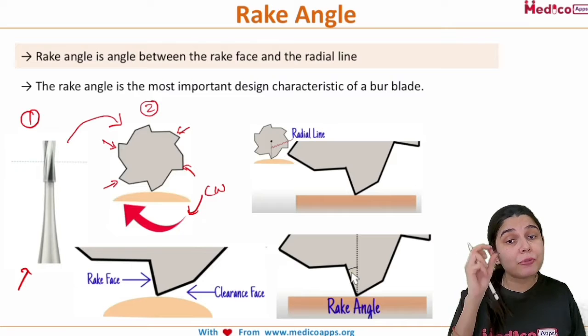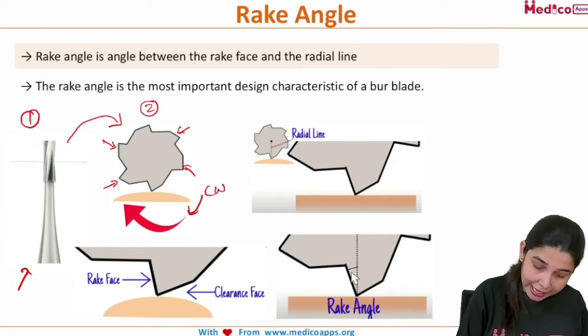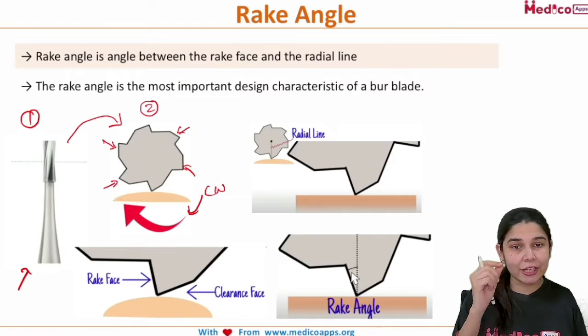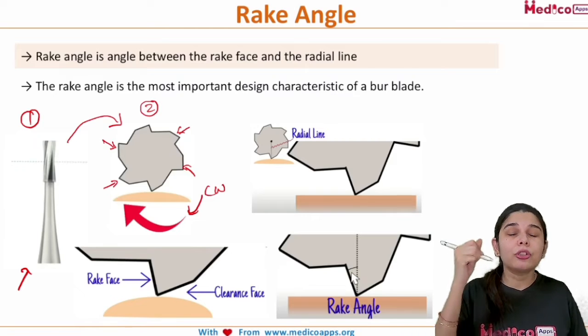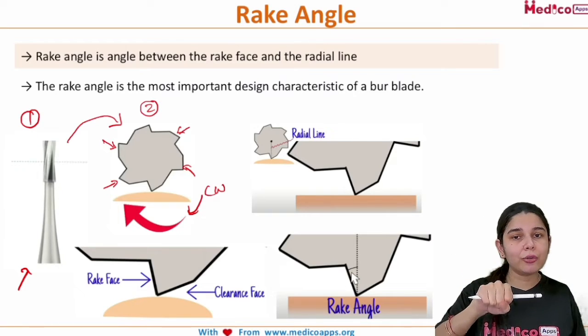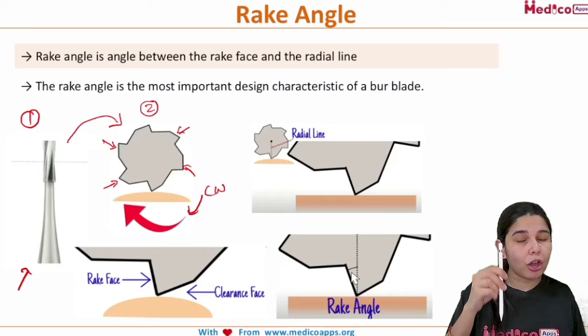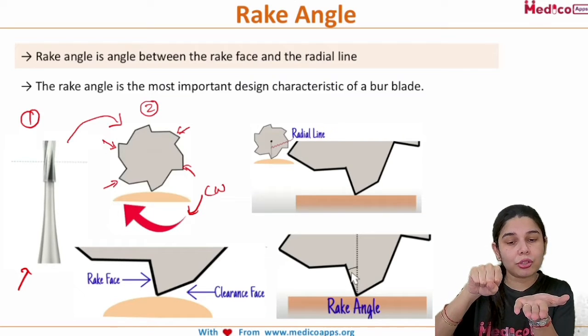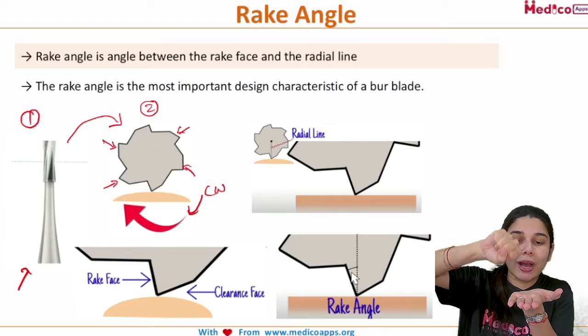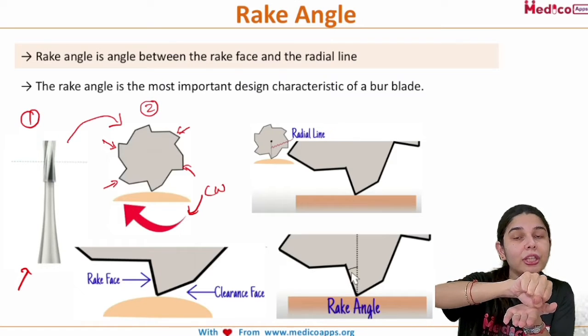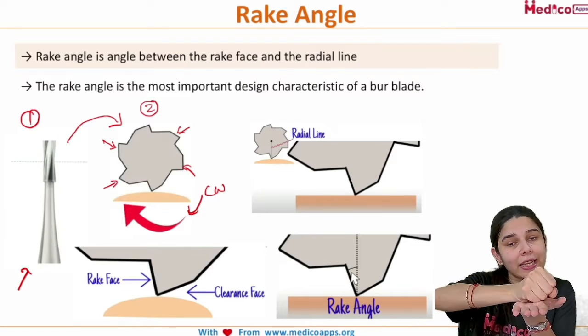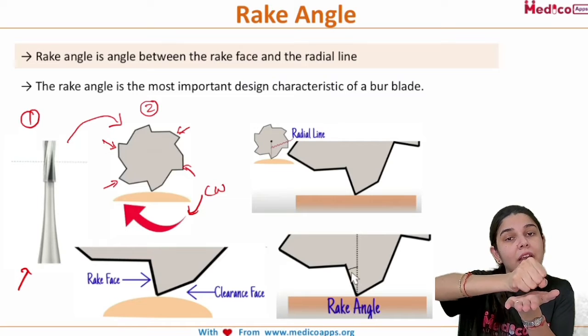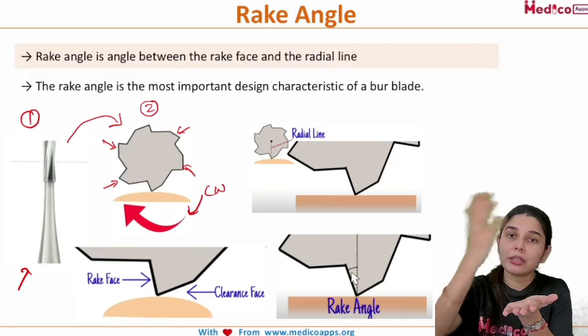Now, if I zoom this particular blade edge, what are we seeing? If this is the cross section and this is your tooth surface, definitely one surface is going to touch the tooth surface first and the surface behind it is going to touch the tooth surface later on.